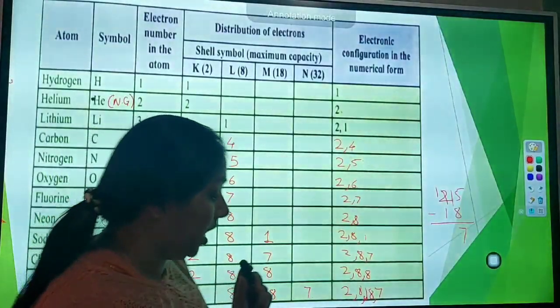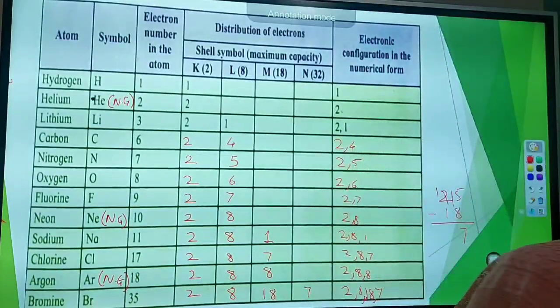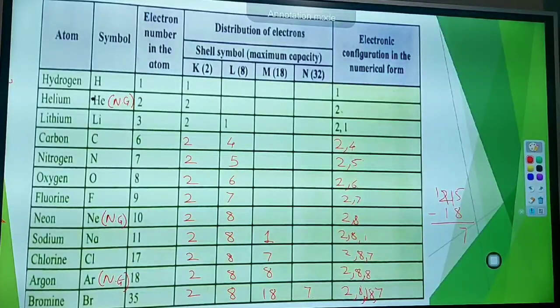Good to go? Understood electronic configuration? Understanding the distribution of atoms, understanding that as per 2n square, every shell is being filled with electrons.